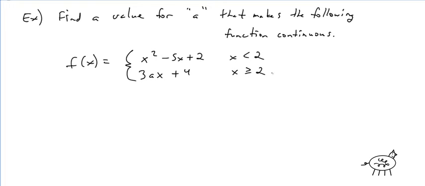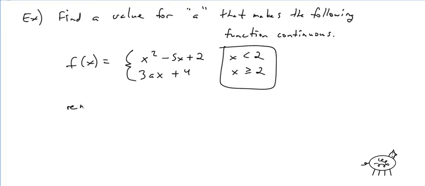If it's continuous, what has to be true? You know x squared minus 5x plus 2 is a quadratic, a continuous function, and 3ax plus 4 is linear, also continuous. But they have to meet up at x equals 2.